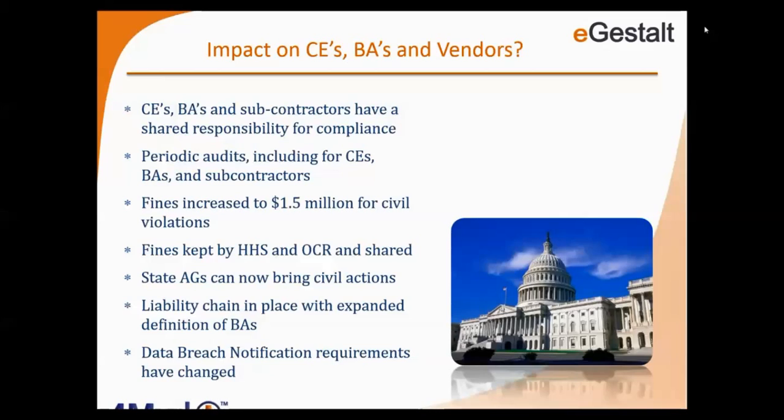And so if you are working with medical practices, if you're a consultant of any kind, and we'll talk a little bit about what all the different BA categories are, but if you're a BA or a vendor working with the medical community, it is imperative from my perspective that the BAs are fully familiar with and aware of all of the HIPAA requirements and regulations.